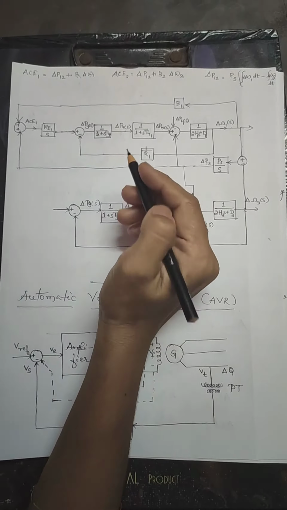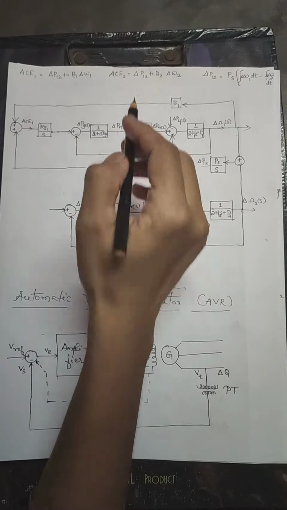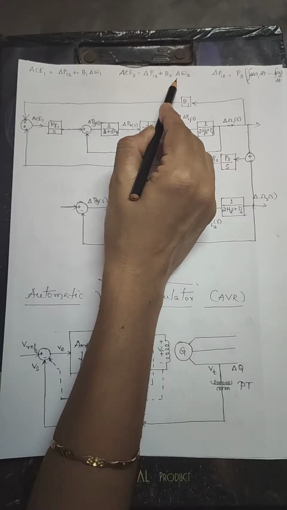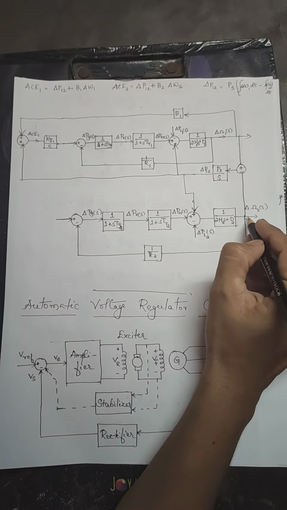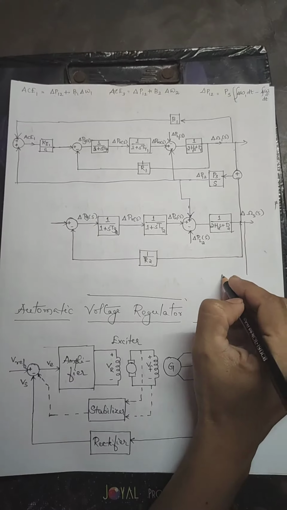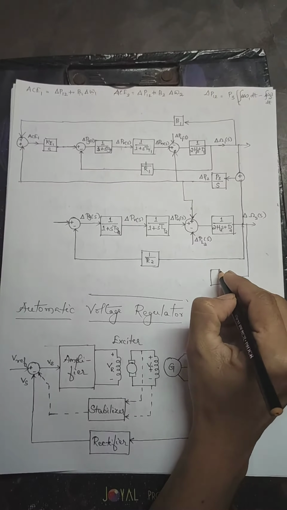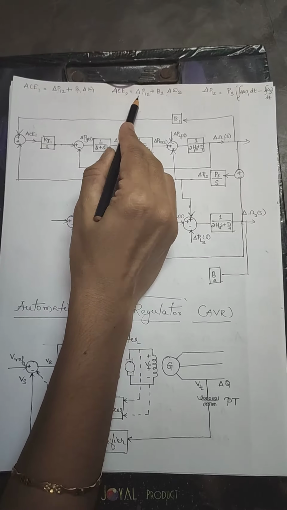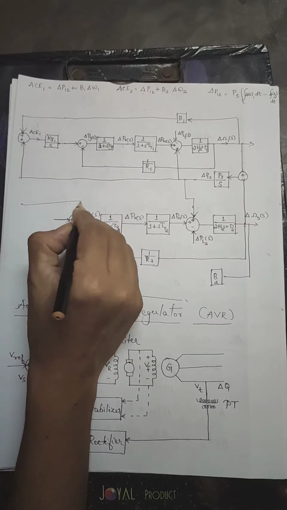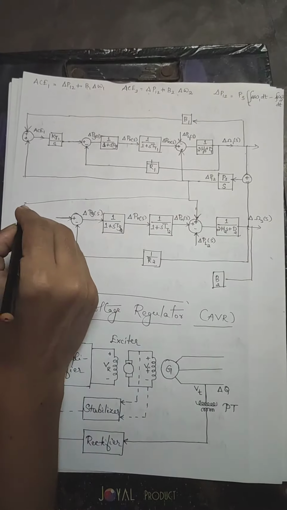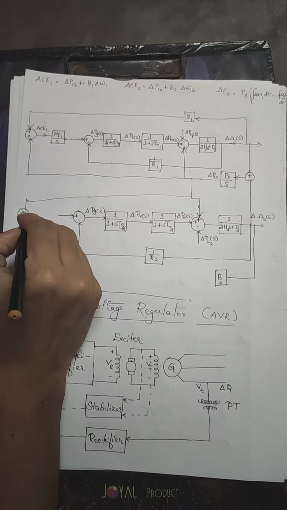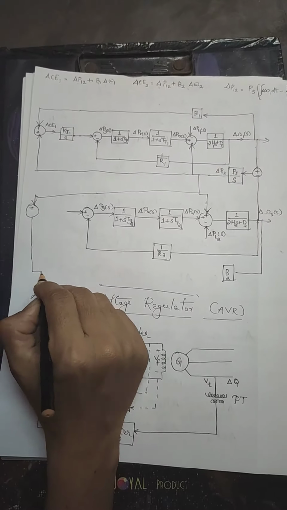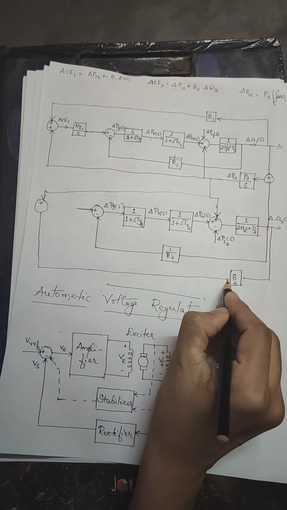So now for area 2, the area control error is delta P12 plus B2 into delta omega 2. So we have delta omega 2 here. We have to multiply it with B2 and it has to be added with delta P12. So delta P12 is this. So use a summer here, delta P12 plus B2 into delta omega 2.